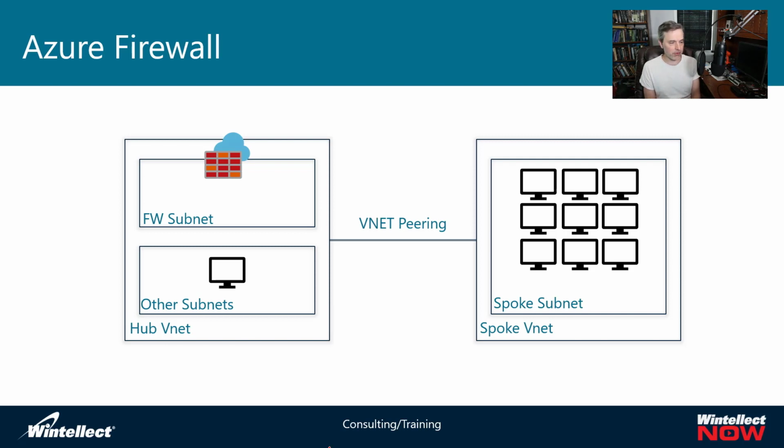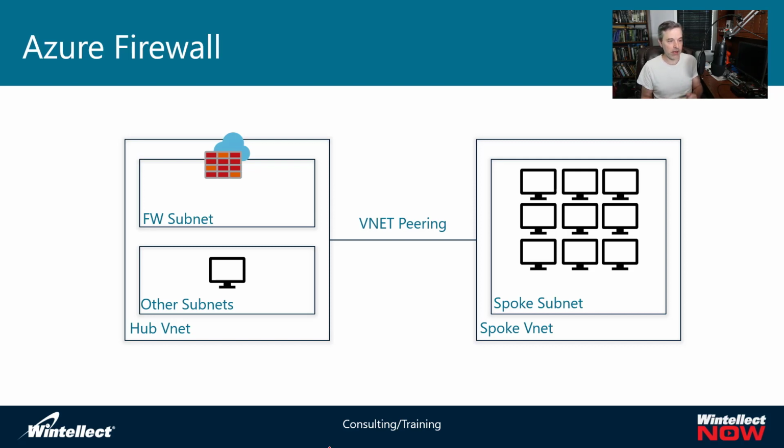Sometimes in that hub VNet you'll have something like a VPN or an ExpressRoute that connects it back to on-premise. So typically what you need in that hub VNet is something to orchestrate that traffic flow, and that's what Azure Firewall is built to do. What you can't do on Azure out of the box is route traffic between a spoke VNet and another spoke VNet if they're both connected to a hub VNet.